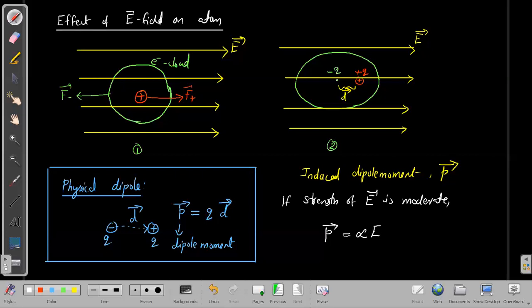So p equals alpha times E, and this alpha is a scalar called the atomic polarizability, which is characteristic of an atom.